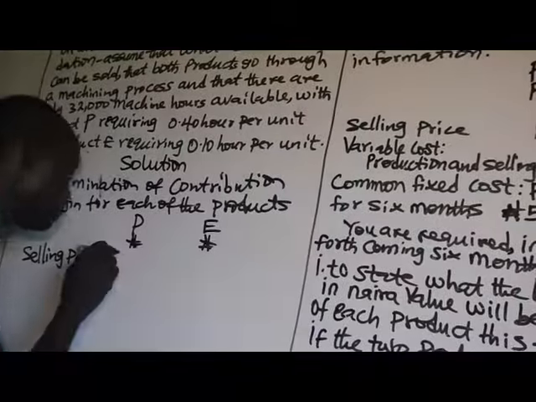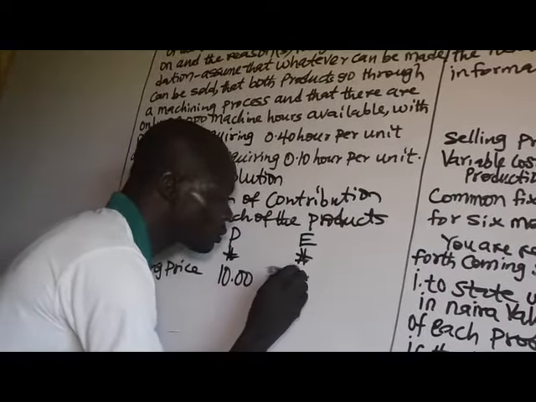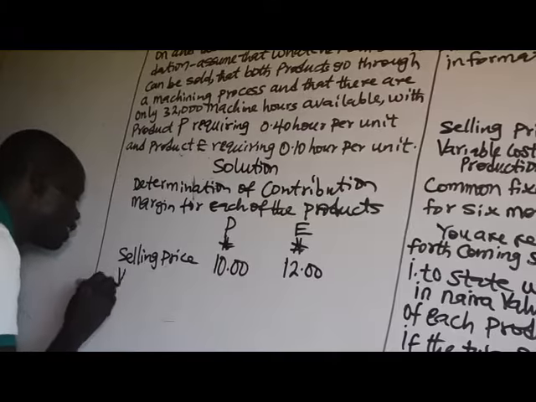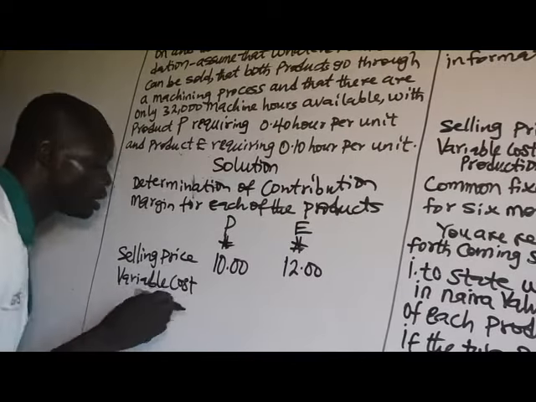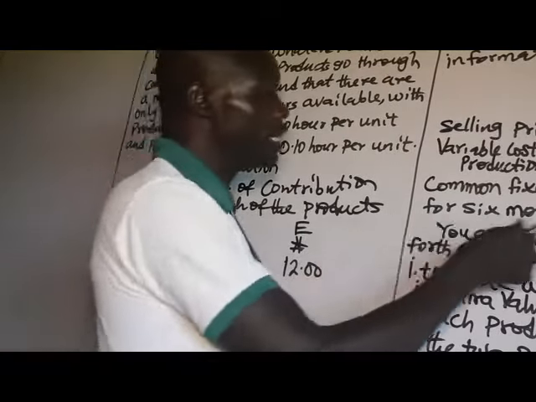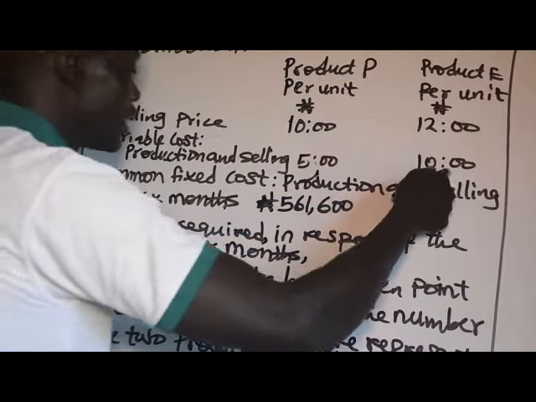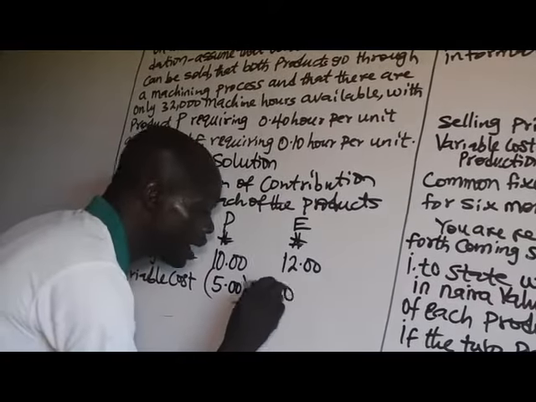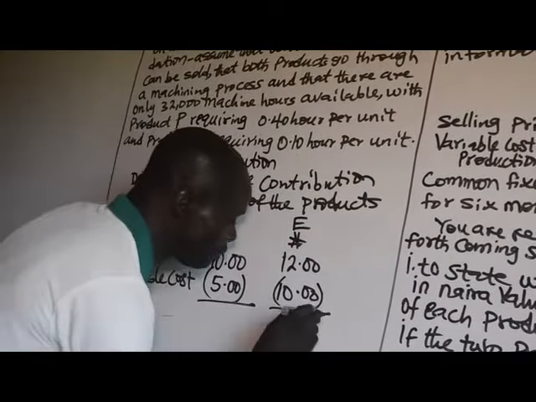So we have 10 for P and 12 for E. From the selling price we subtract the unit variable cost. The variable cost of product P is 5 Naira, while that of product E is 10 Naira. We have 5 Naira and 10 Naira for product P and E respectively.